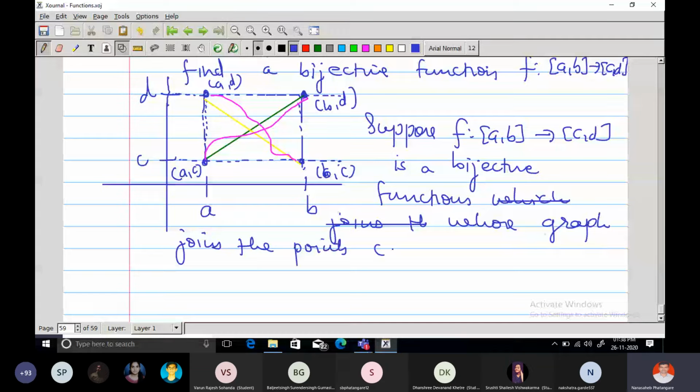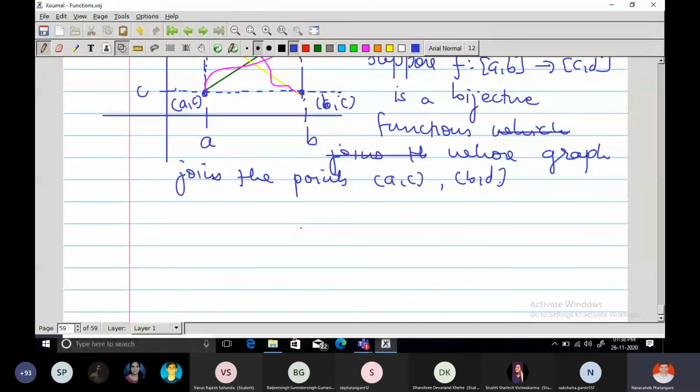Then which function can we choose? We should choose the easiest function, a straight line, a degree 1 polynomial, right? So let f(x) be equal to alpha x plus beta.